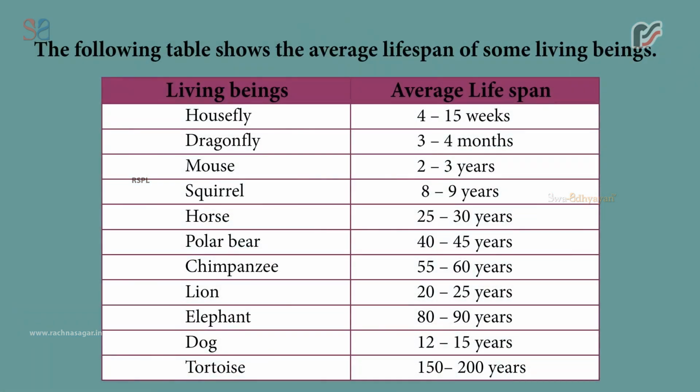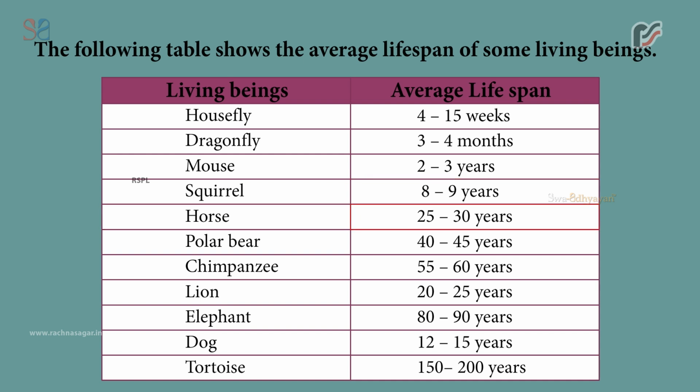The following table shows the average lifespan of some living beings. Housefly, 4 to 15 weeks. Dragonfly, 3 to 4 months. Mouse, 2 to 3 years. Squirrel, 8 to 9 years.